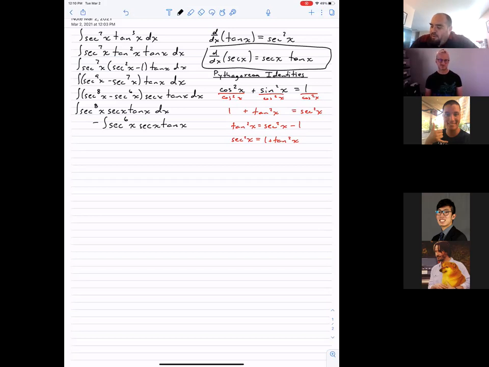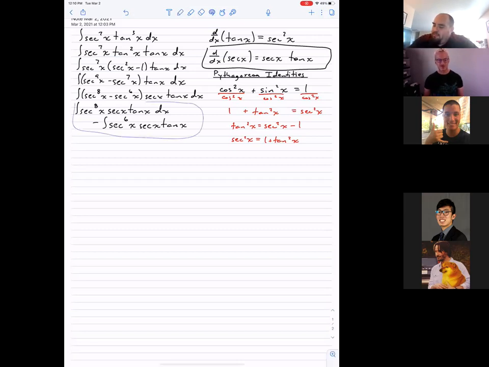So now let's just look at one of these. Let's look at the first one. It says secant to the 8th of x times secant of x times tangent of x dx. Can we use undoing the chain rule with that? Before you get there, you lost me on how you were able to just add those two together unless you distributed the... Yeah, so basically, let me go ahead and drop in the step that I see.